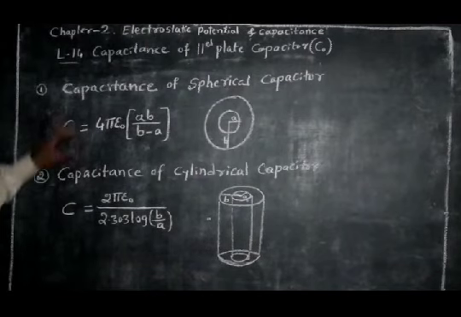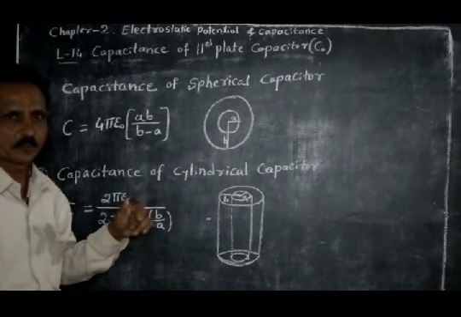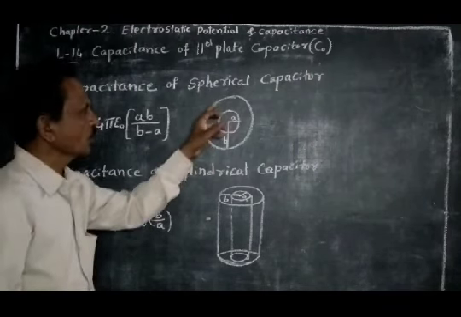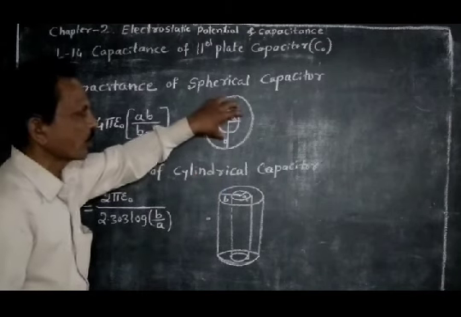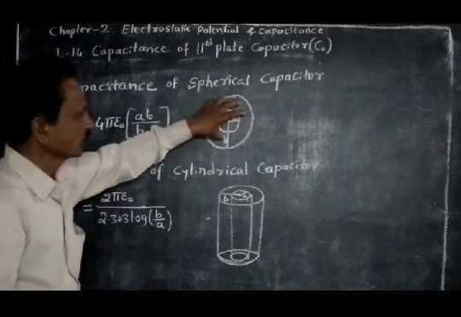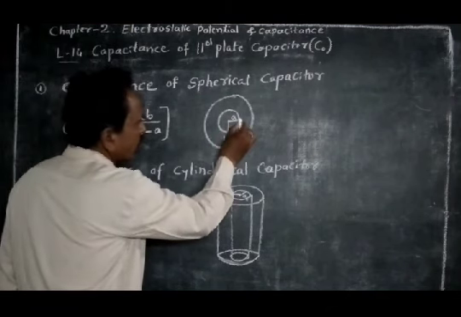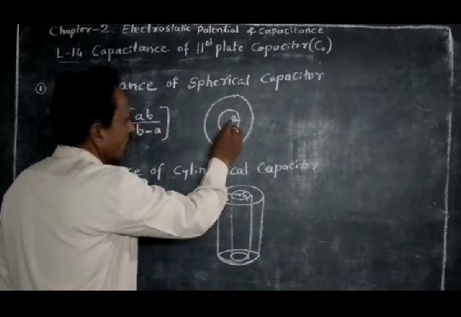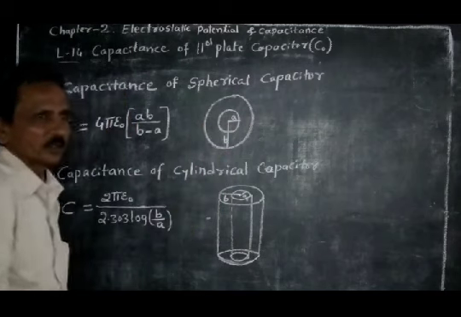Extra information. Capacitance of spherical capacitor. A spherical capacitor consists of 2 spherical conductors separated by a small distance. Let A be the outer radius of inner sphere and B the inner radius of outer sphere.